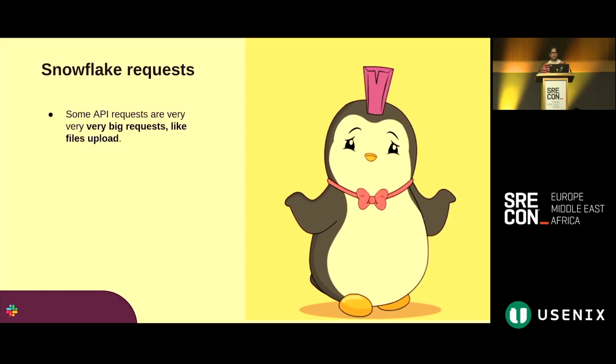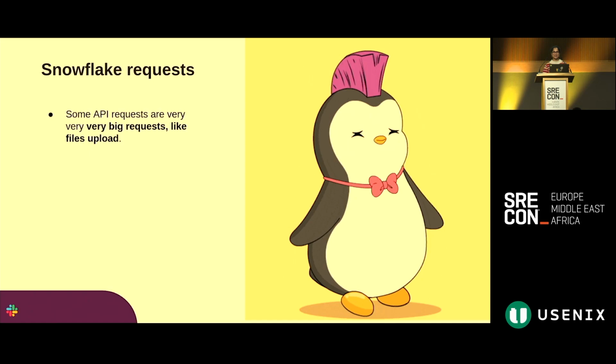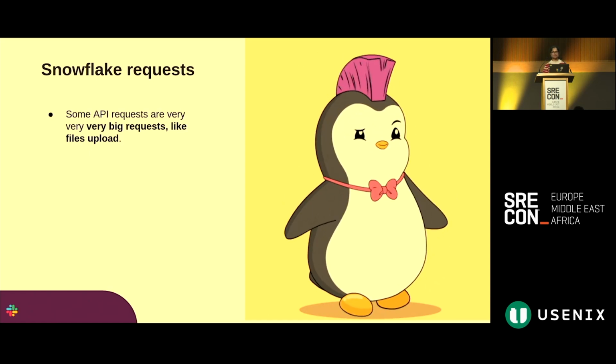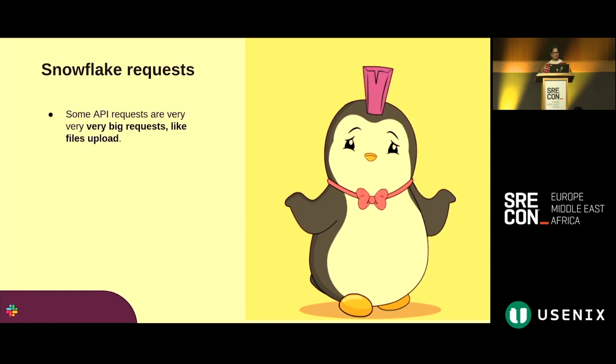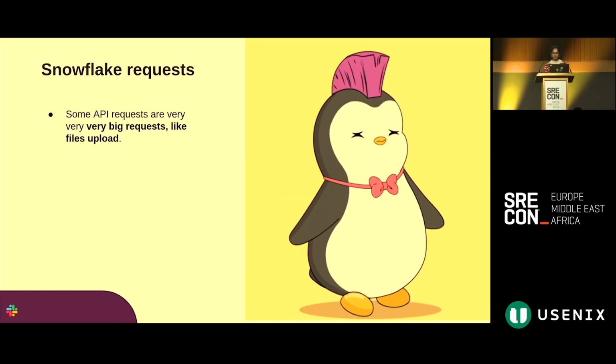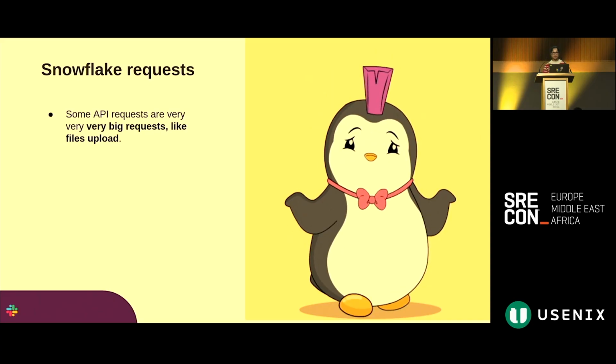Slack has some requests that are very, very big. For example, file uploads. Since our edge Envoys send part of the request body to the auth service, we had to decide how we're going to deal with these requests.